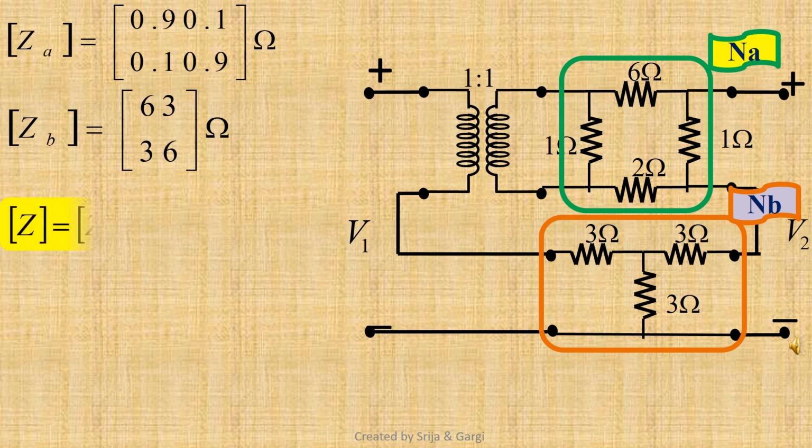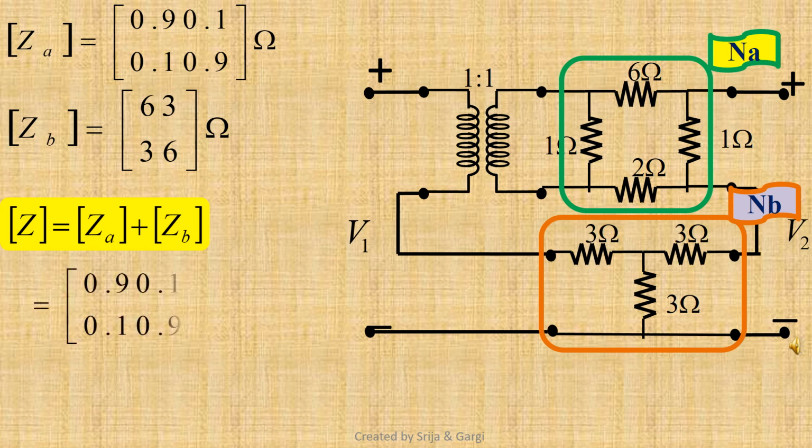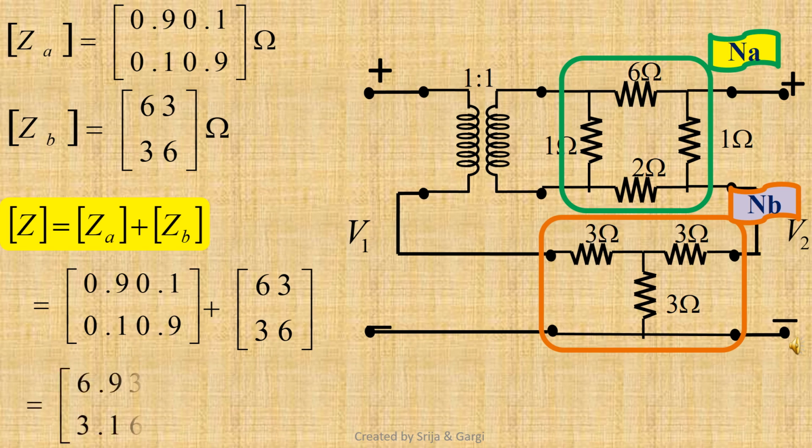Therefore, we can write the matrix of Z equals the matrix of ZA plus the matrix of ZB. So, we can write the matrix of 0.9, 0.1, 0.1, 0.9 plus the matrix of 6, 3, 3, 6 equals the matrix of 6.9, 3.1, 3.1, 6.9 ohm.